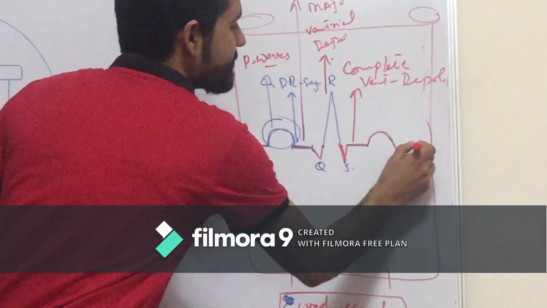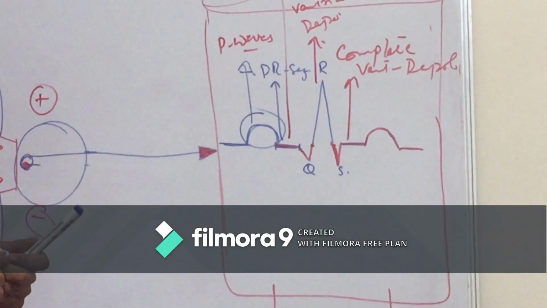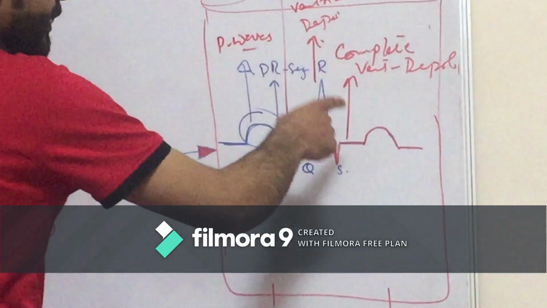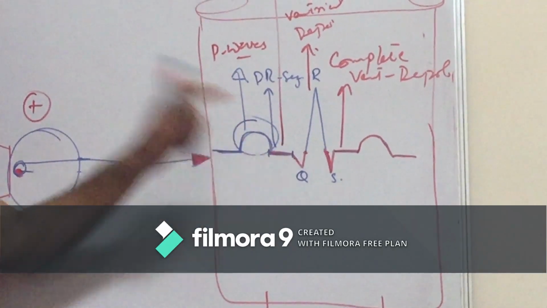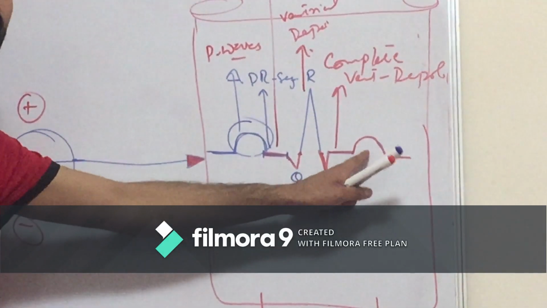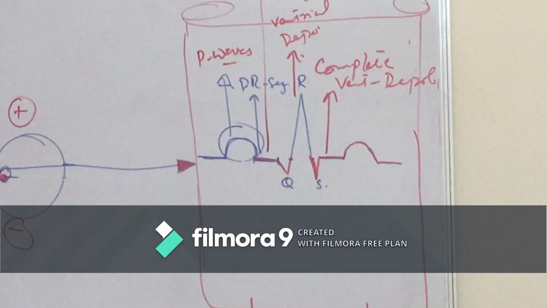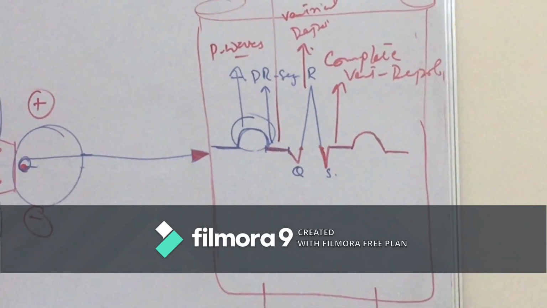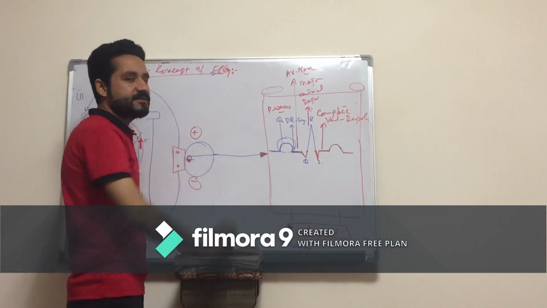So this is a positive deflection, but this one is repolarization. Don't be confused between this one and this. This is actually the P wave when the atrium depolarizes, and this is actually when the ventricles repolarize. So from these vectors we can draw the ECG pattern. This is actually the normal ECG pattern.